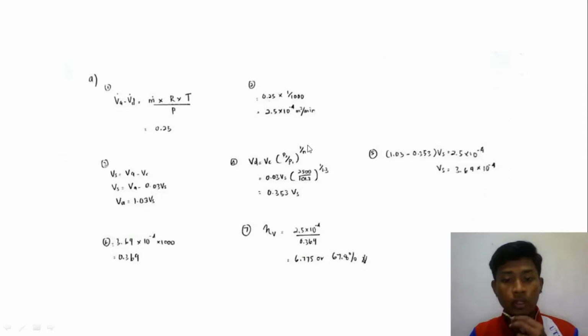So we calculate this value and we can get the value for VD in terms of VS. This will be categorized as equation 3.